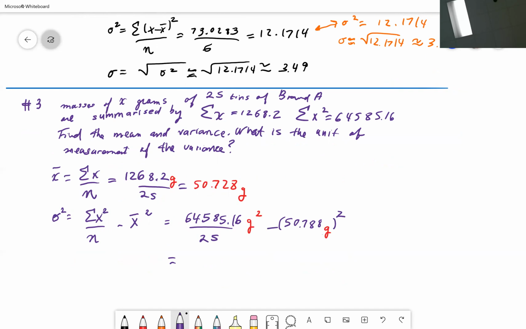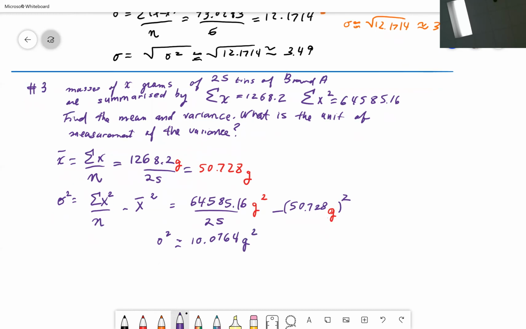And then we're going to subtract 50.728 raised to the second. And I miswrote that there. And that gives me that my variance, I'm never going to switch colors again like that, my variance is 10.0764. Now notice it's grams squared.